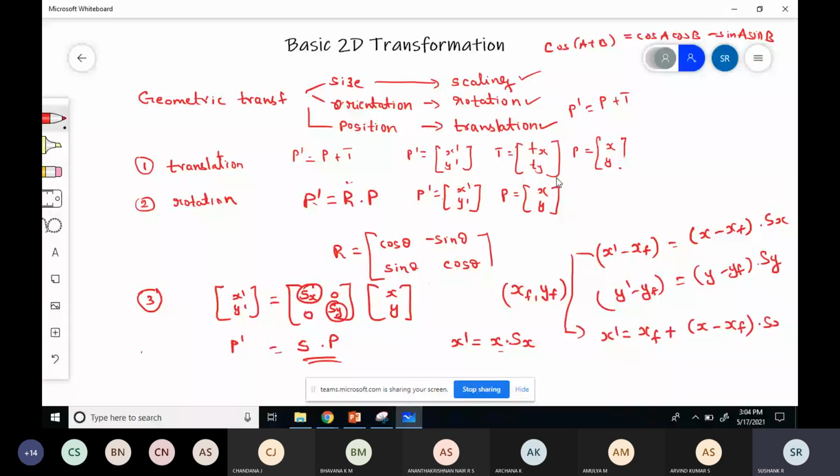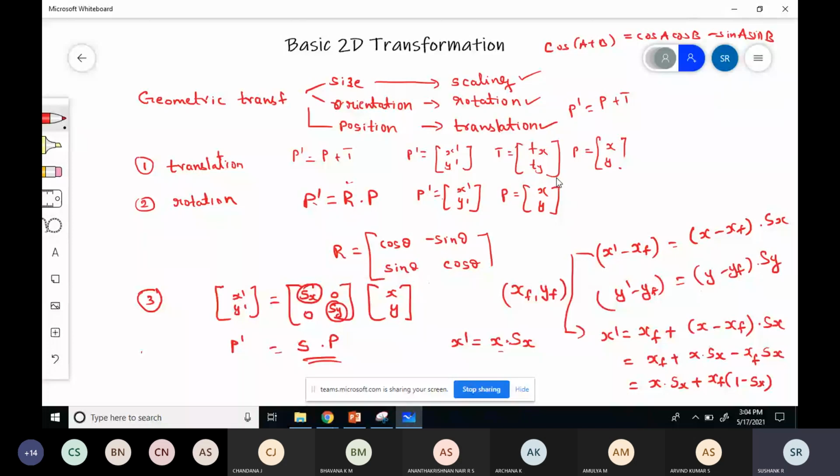Grouping like terms, this will be xf plus x into sx minus xf into sx. Now the common term here is xf, so taking xf as common, x dash is equal to x into sx plus xf into 1 minus sx.